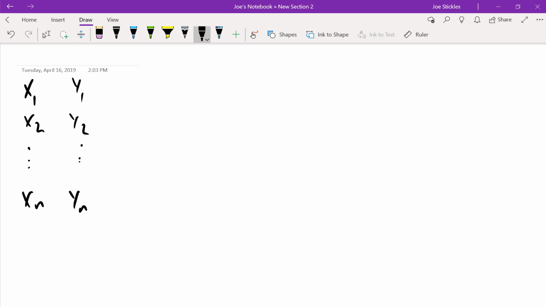We started off by doing a line, but we can do whatever type of function that we want, as long as we can set up a system of linear equations in the constants that we're trying to find. So we'll talk about doing that for a couple of different types of functions today to go through the examples.